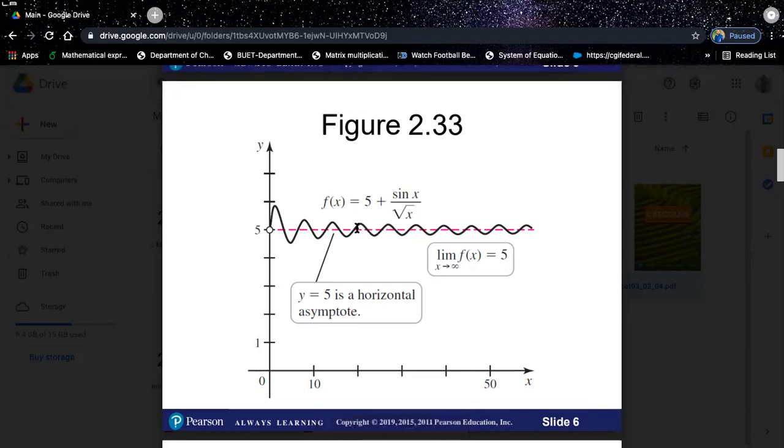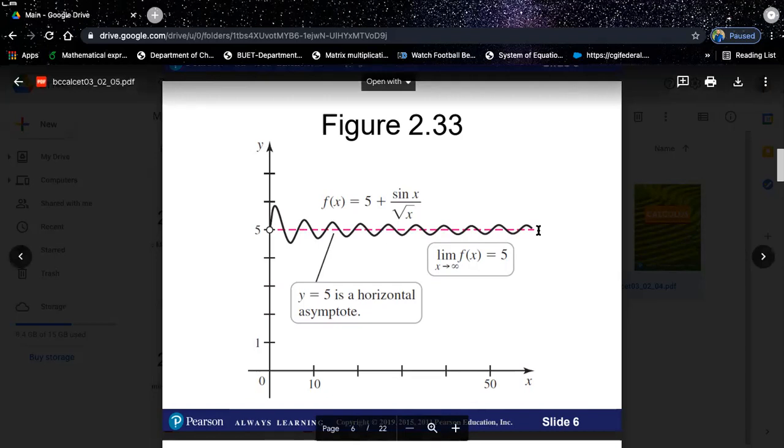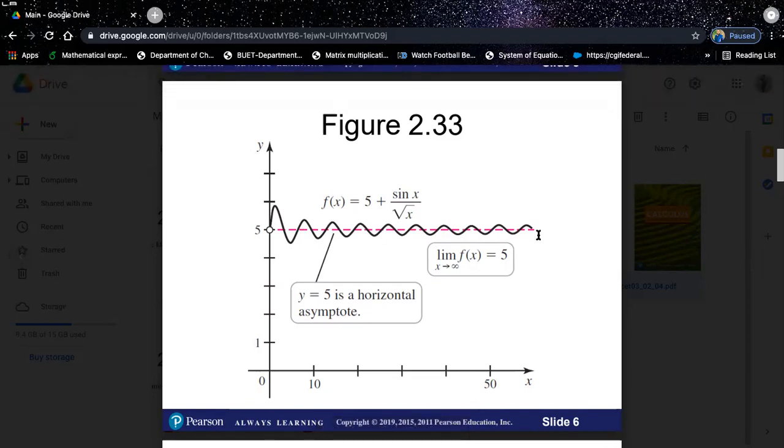So as you go bigger and bigger, this oscillation will match with that line. So as you are moving towards positive infinity, this functional value is moving more and more towards 5. So it is still the horizontal asymptote because the functional value is approaching that particular line.